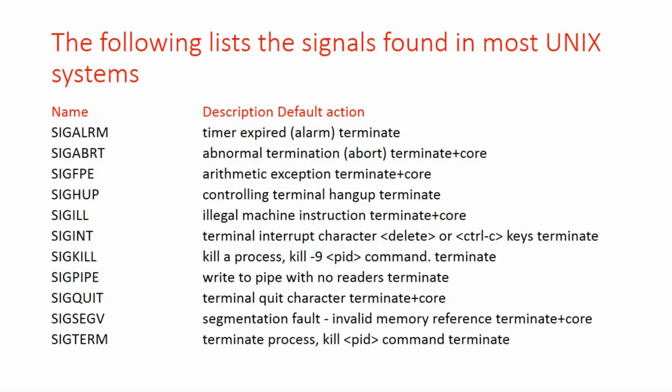Next one is SIGINT, terminal interrupt character. So if any user presses delete or control C, then the SIGINT signal is generated and sent to the process for termination. SIGKILL, to kill a process, or kill -9.